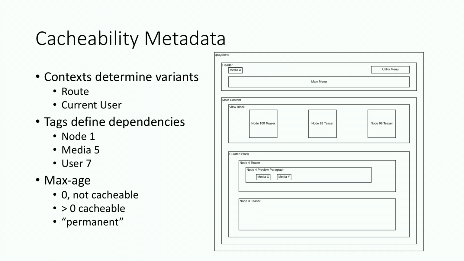And max age is pretty straightforward. It determines, on a time basis, whether the component is cacheable. Now, typically, context and tags should cover you, but there may be cases where max age makes sense. The most common case would be you'd set it to 0 because it just isn't worth ever caching that component. It just changes too frequently.